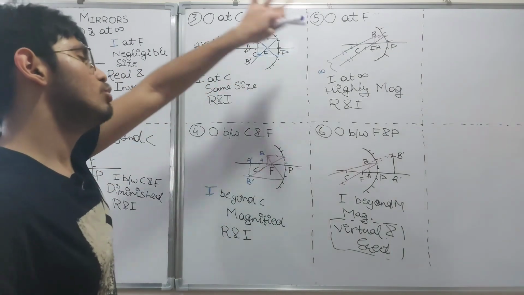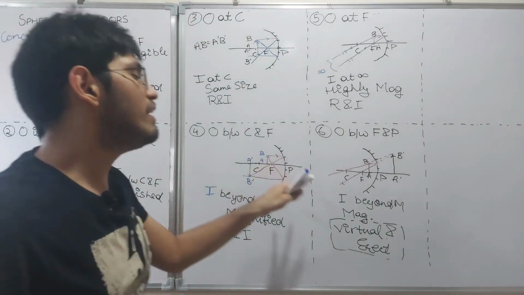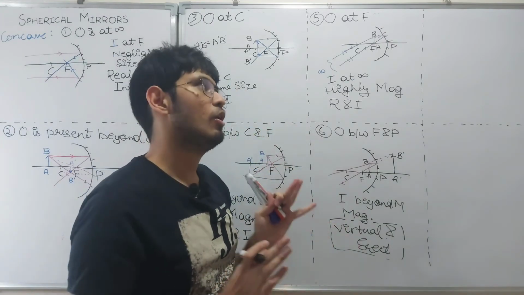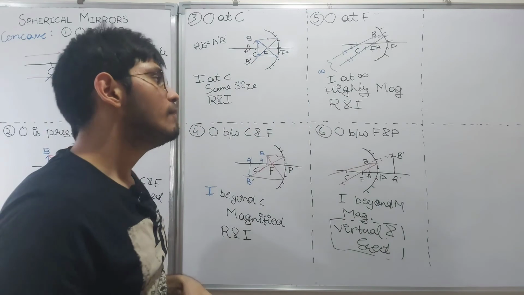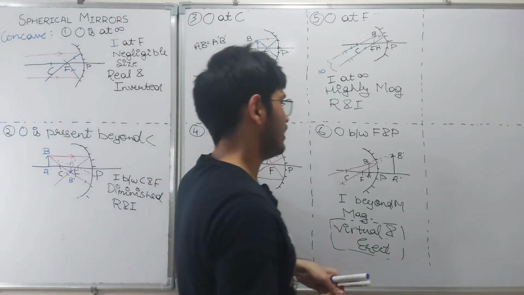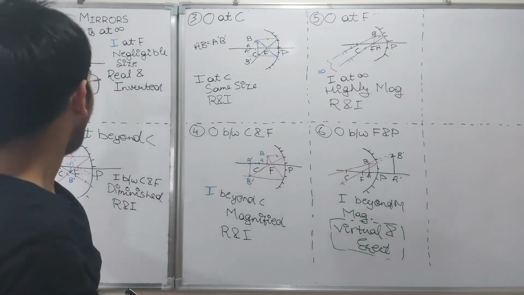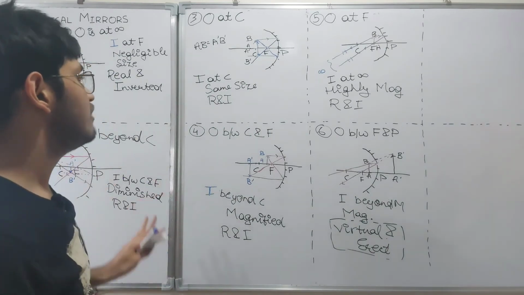In numericals, you might get various other cases, but in our daily applications, this is the only case that we are going to use. Is this point clear to you? Now, we are done with the concave mirrors. This is all about the concave mirrors that we have seen.